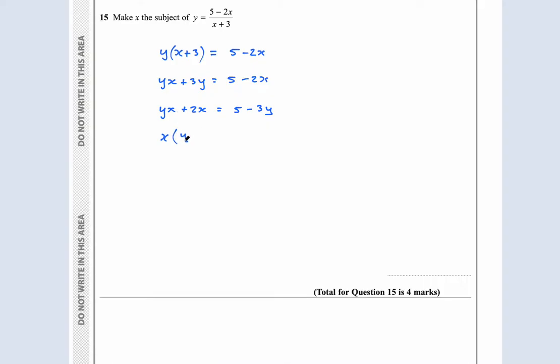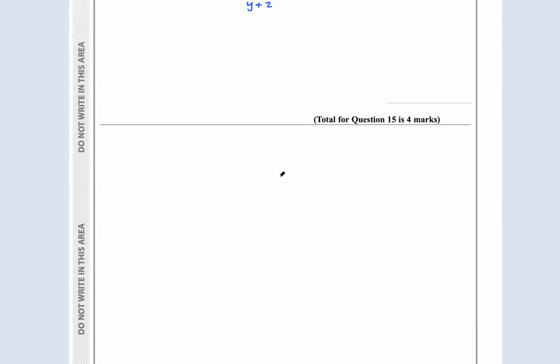So I take out the x because I need to get x on its own. So the only way to get it on its own is to factorize it. 5 minus 3y, and then I'm going to divide by this y plus 2. So x equals 5 minus 3y divided by y plus 2. Okay, that's it. Question 15.